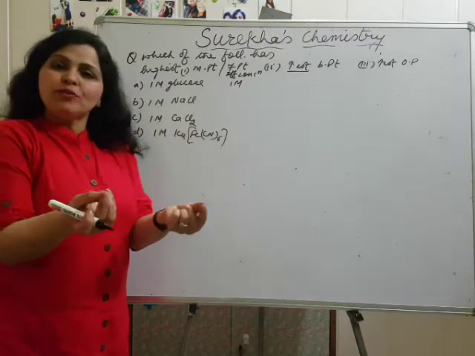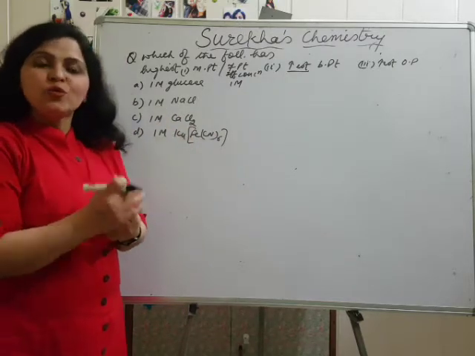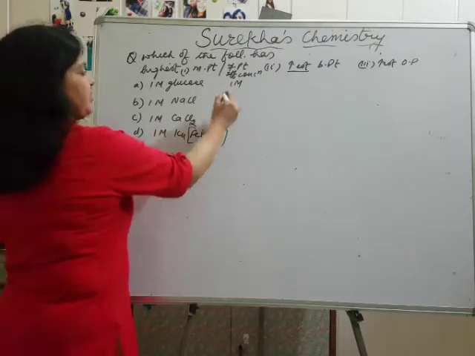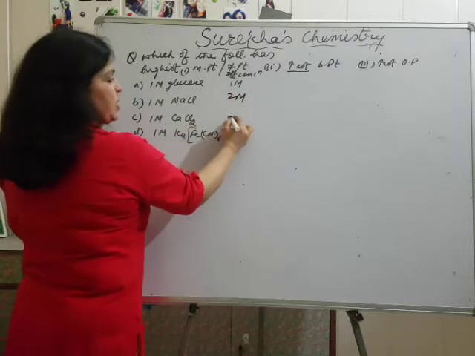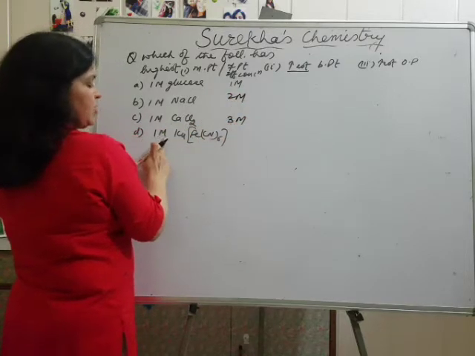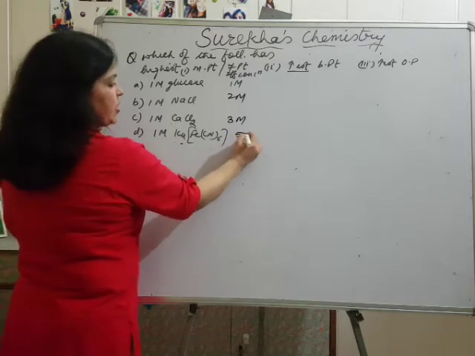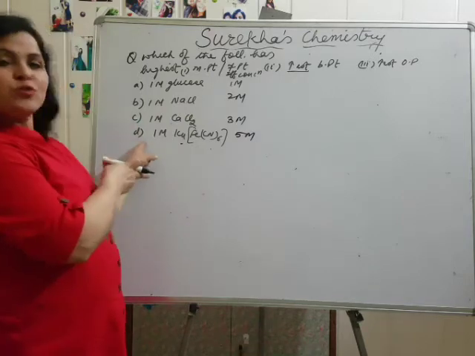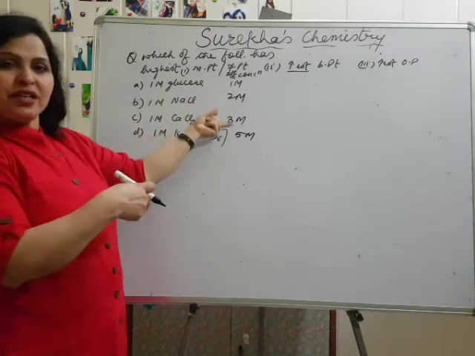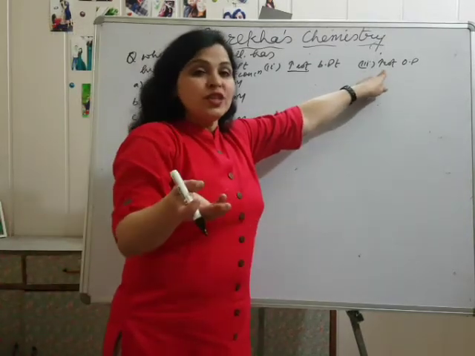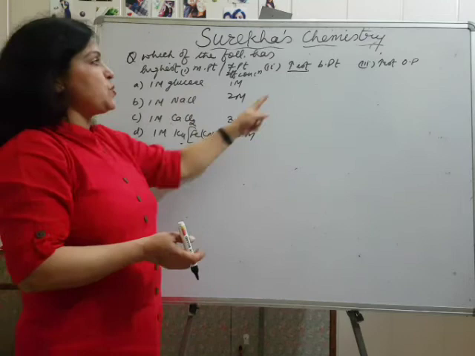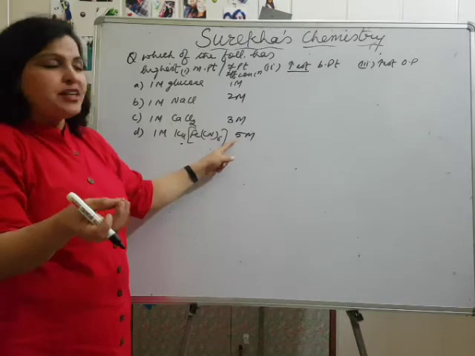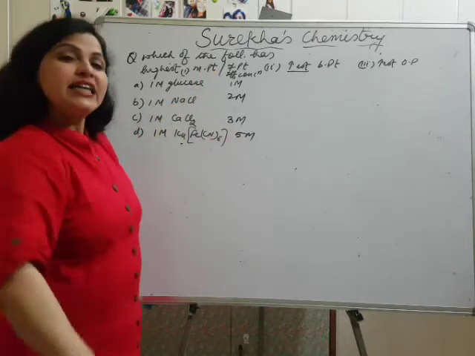NaCl वाटर में जाके 2 में टूट जाएगा, यानी कि 1 मोल का 2 मोल बन जाएंगे. आई हैव टोल्ड यू द कॉलिगेटिव प्रॉपर्टी इज ब्लाइंड, तो उसको 2 दिखेंगे. इस केस में 3 मोलर हो जाएगा कंसंट्रेशन, और इस केस में 4 और 1, 5 मोलर. बताओ सबसे ज्यादा पार्टिकल्स की संख्या किस में है? लास्ट वाले में. तो जितने ज्यादा पार्टिकल्स होंगे ऑस्मोटिक प्रेशर उतना ज्यादा, बॉइलिंग पॉइंट उतना एलिवेट करेगा, और फ्रीजिंग पॉइंट उतना डिक्रीज करेगा.